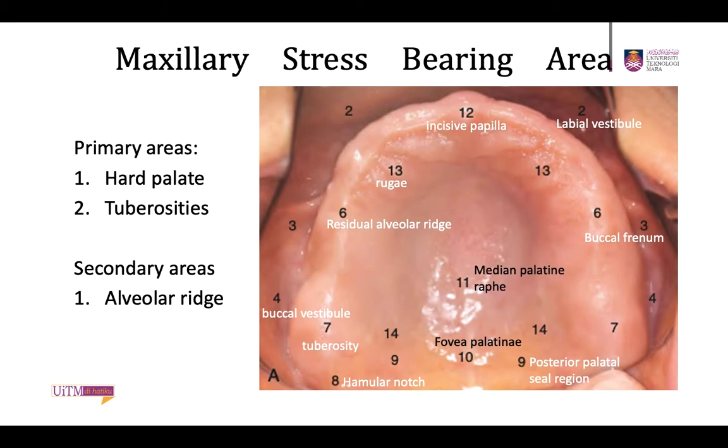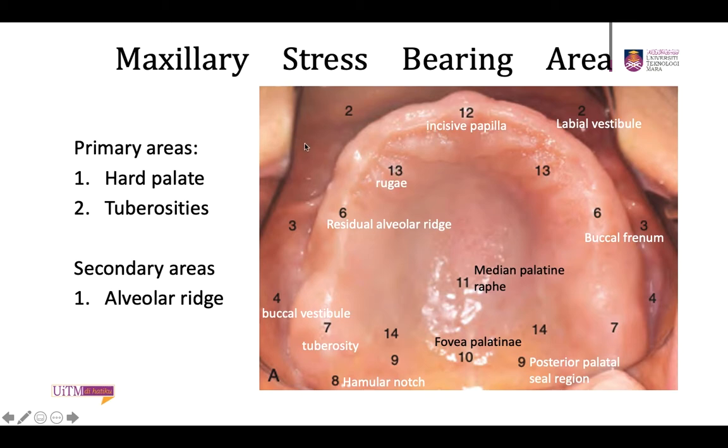Now let's go through the anatomy of the maxillary stress-bearing area. This is the intraoral photo of an edentulous ridge of a maxilla. What I want you to do is really go through all the anatomical structures and anatomical landmarks from your textbook.